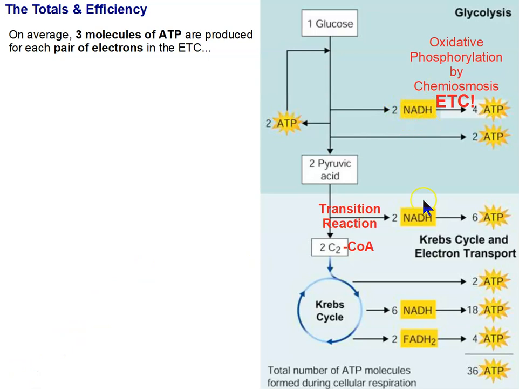So there we have NADH, here we have NADH, here we have NADH, and here we have FADH2, and they're all delivering, or funneling, as we say, those electrons to the electron transport chain.